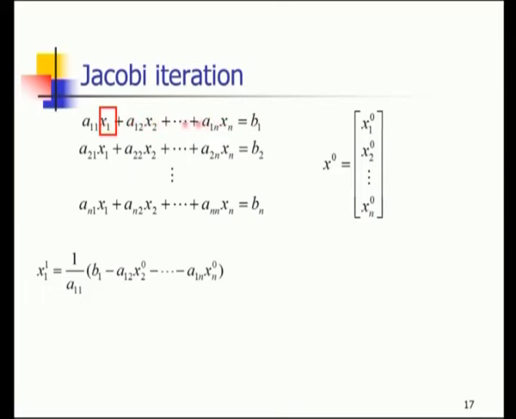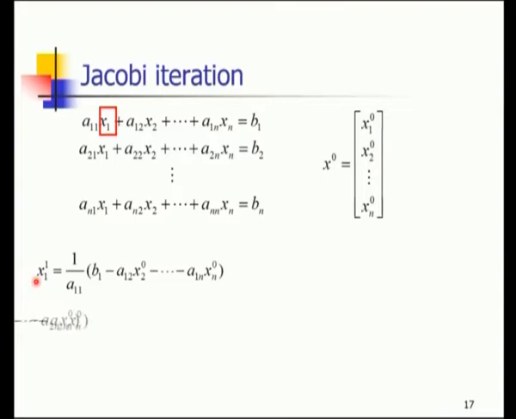We keep only x1 on the left hand side, and all remaining terms are taken to the right hand side. Please note that the right hand side values are known. We use the initial values of the second variable, third variable, and so on up to the nth variable, and the right hand side element b1 and the first row elements a11, a12, up to a1n. We solve the first variable iteratively.